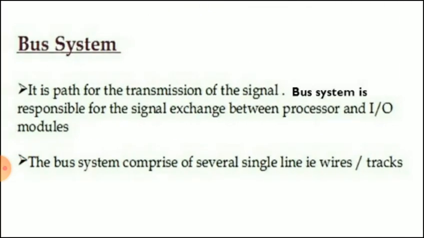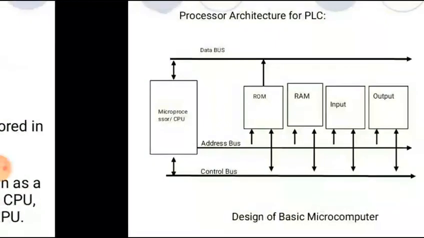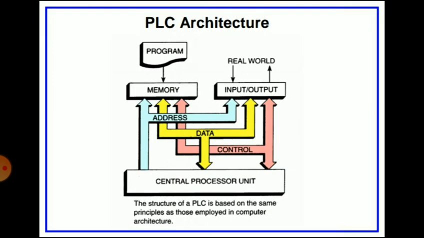Then the bus system. The internal paths along which signals flow are called buses. These buses essentially carry the information in digital form. There are three types of buses required in the PLC. You can see the different types of buses in this PLC architecture, that is address bus, data bus, and control bus.